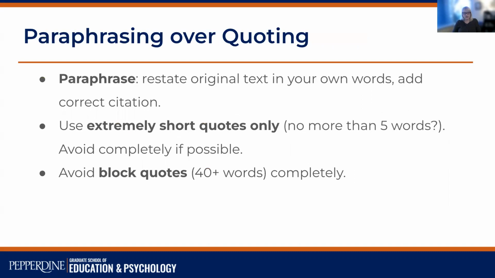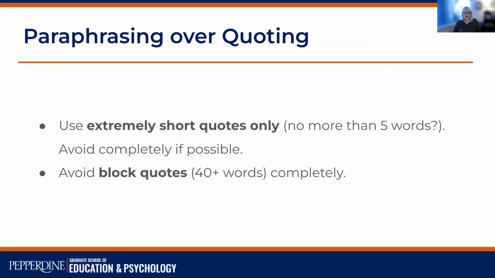In terms of paraphrasing versus quoting, a paraphrase is something where you integrate research by restating original text in your own words and adding the correct citation. In general, it's preferred at the graduate level that you paraphrase. If you include quotations, a suggestion would be to have no more than 5 words strung together in a quotation.